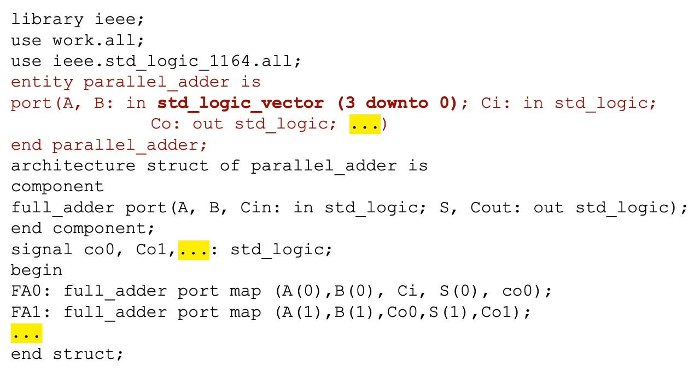And then between begin and end is where we actually define the relationship between the input and the output. We're using the full adder component 4 times, but each time you remember to give it a unique name. The first time I'm using the full adder, I'll name it FA0, short for full adder 0. And then the colon means "is" in VHDL. So FA0 is a full adder. And then the keyword port map will do the mapping for me.